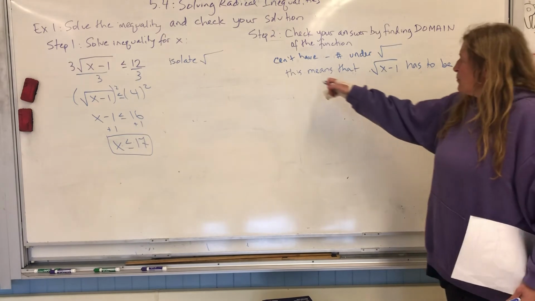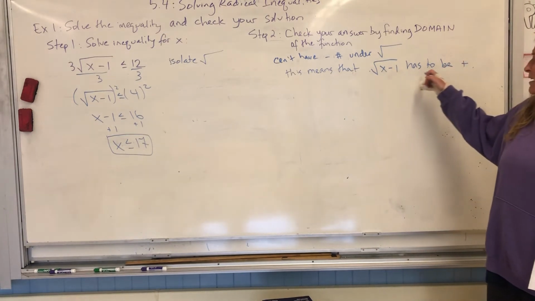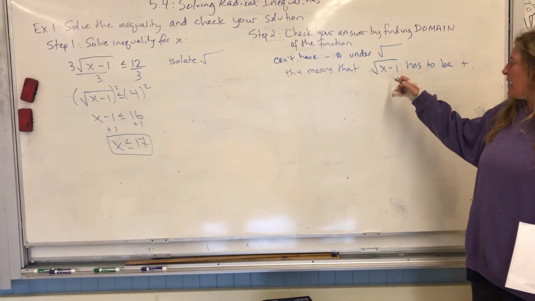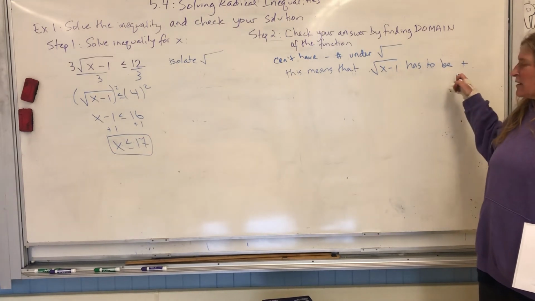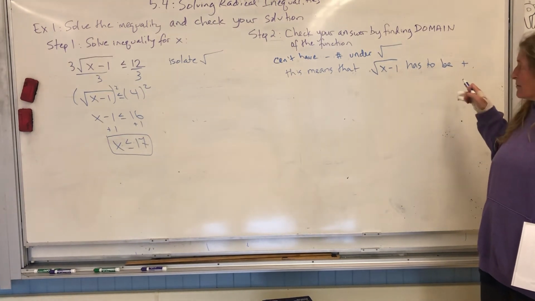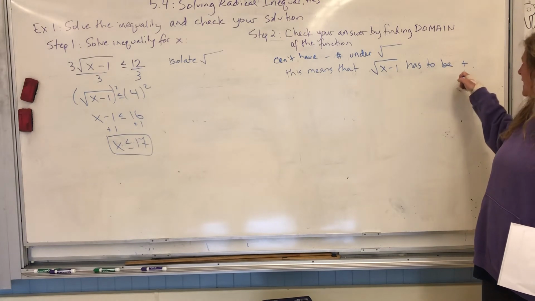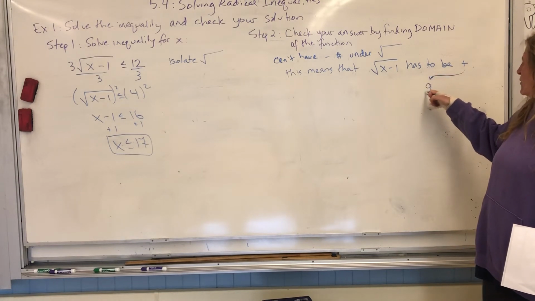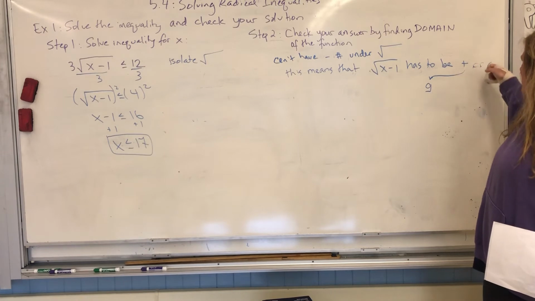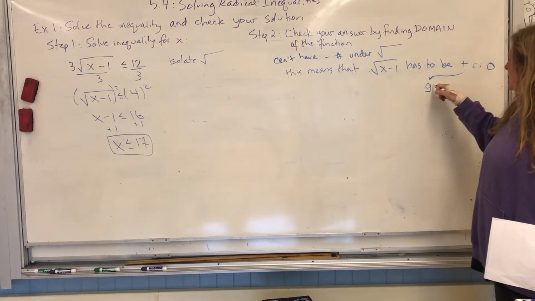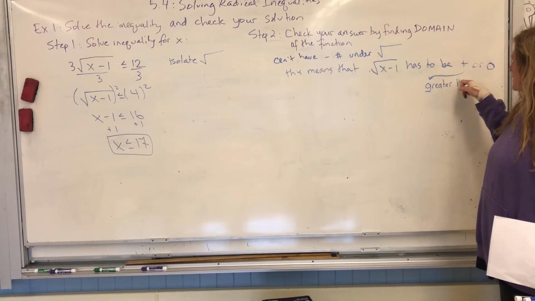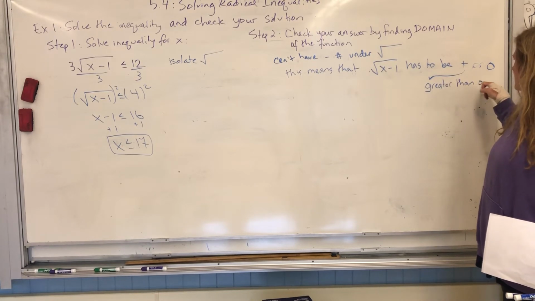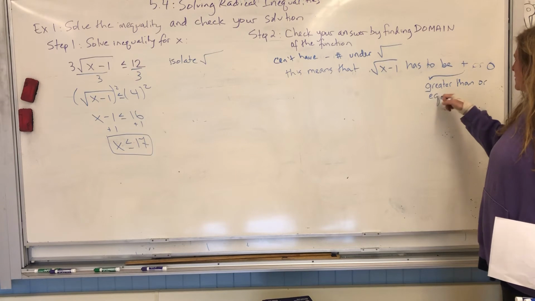So I need to come up with a way to set this up so that I can figure out what values of the square root of x minus 1 are positive. Well, positive or 0, which would be greater than or equal to 0.